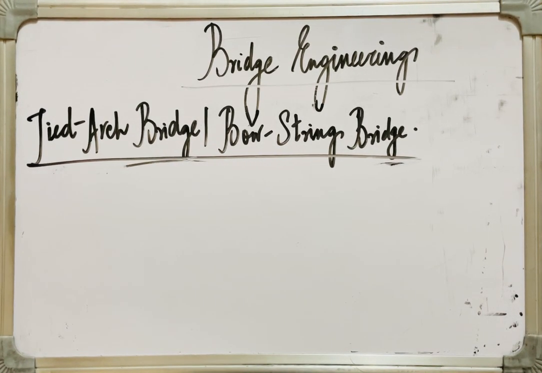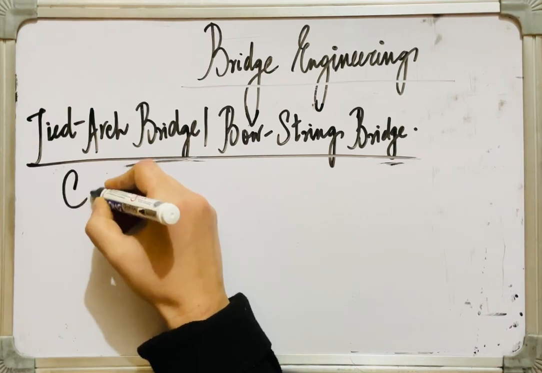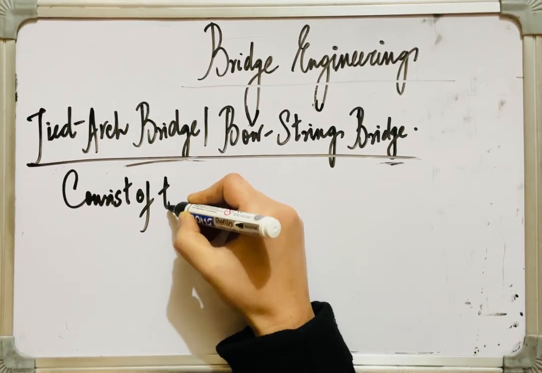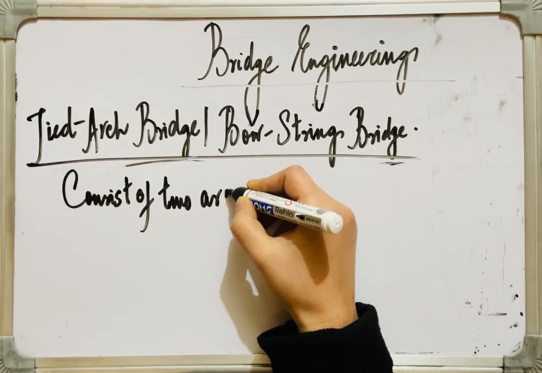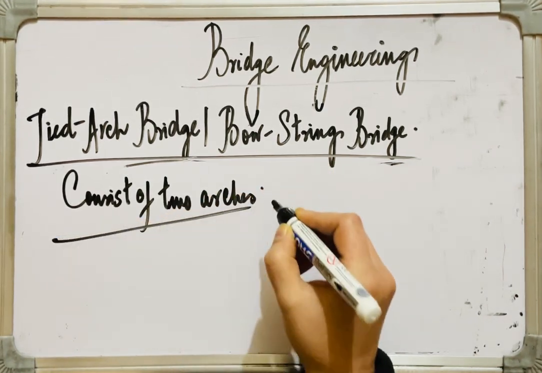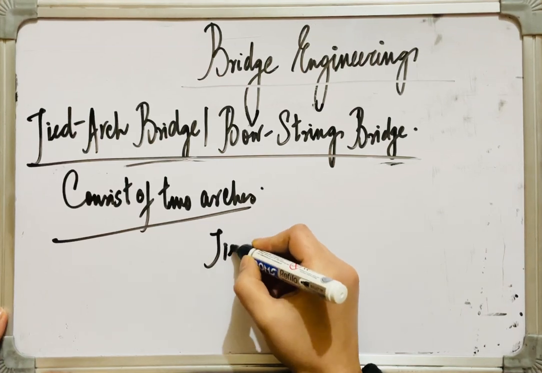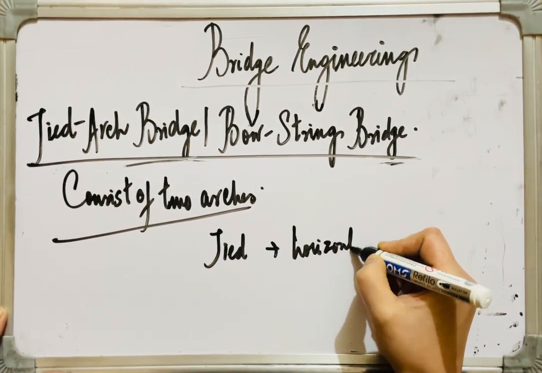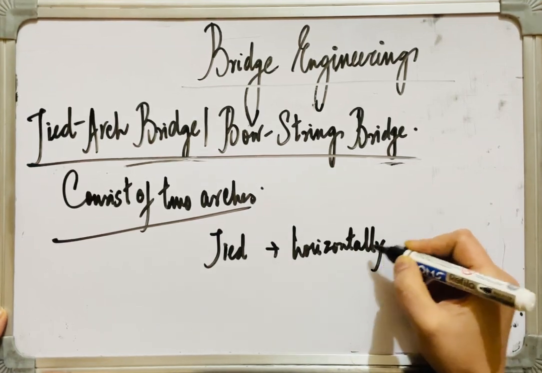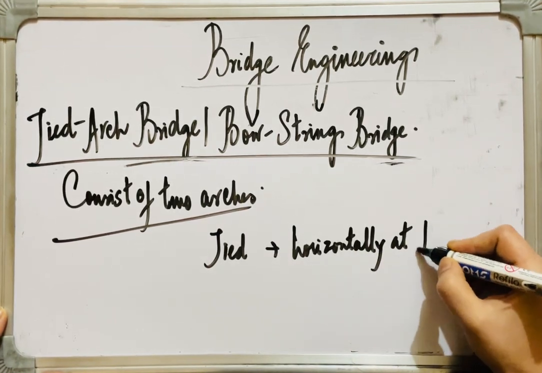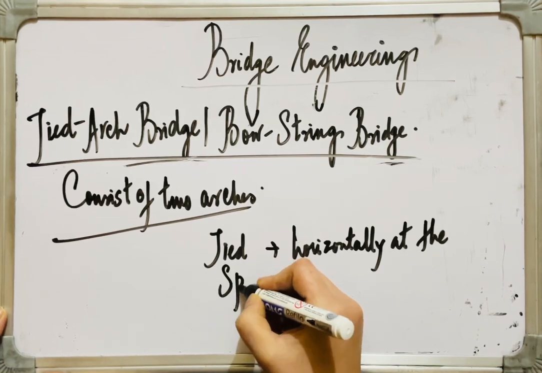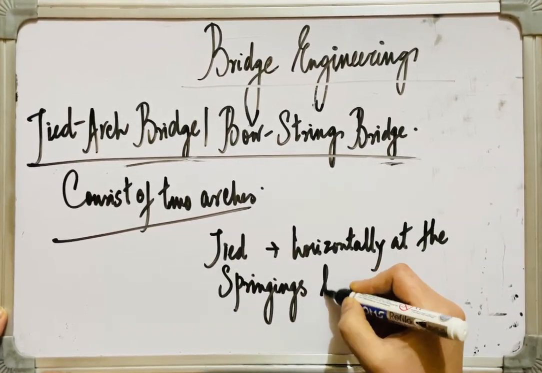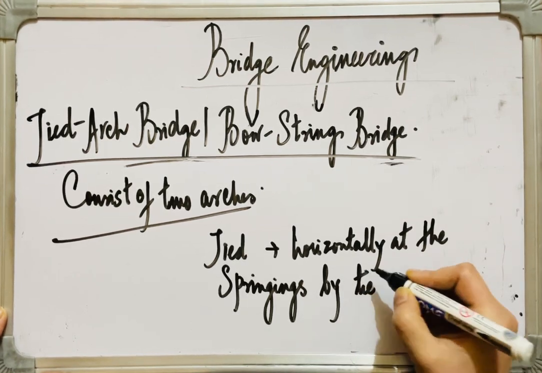So these bowstring bridges consist of two arches, one on either side of the bridge, and they are tied, as already discussed, horizontally at the springings by using tie members or tie rods.